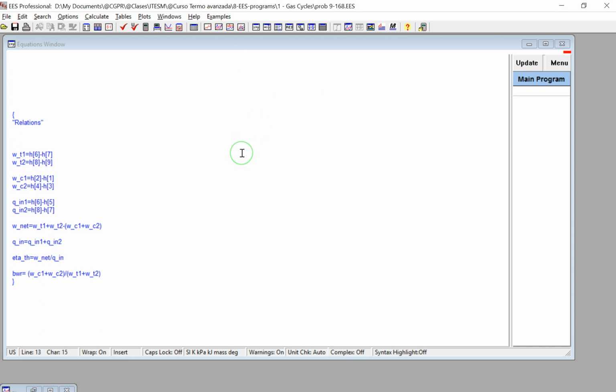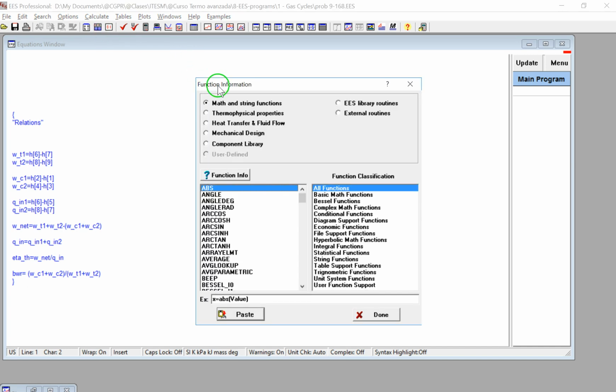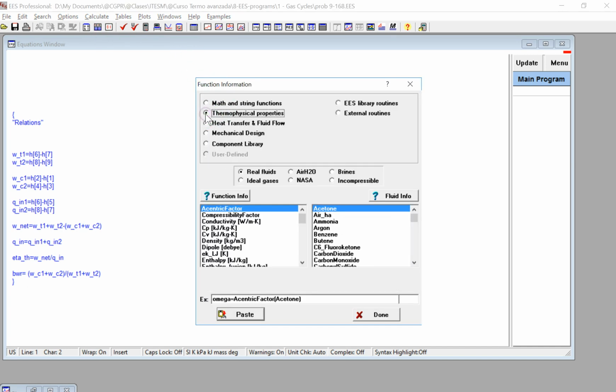So now we're going to start by adding each of the states. Recall that to introduce each state, you can use this function: thermal-physical function, ideal gas, air, and for instance, we're going to have enthalpy.